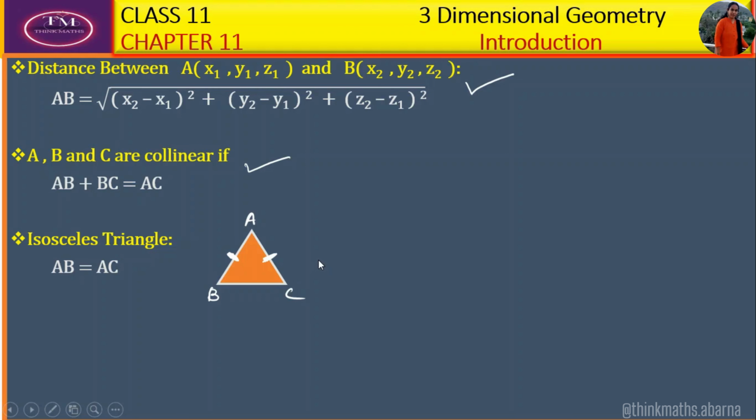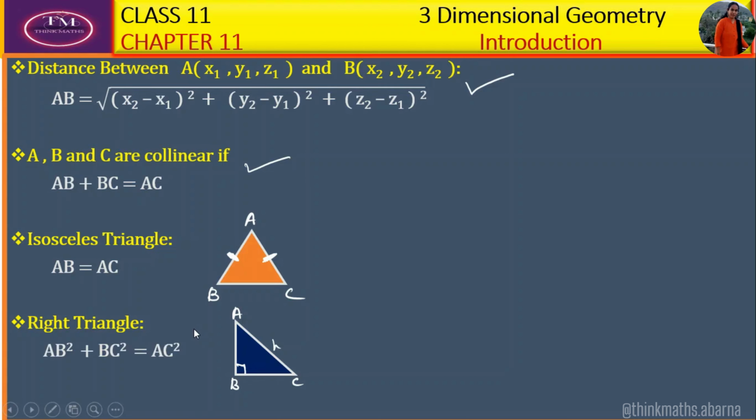Okay, next is the right triangle. You all know that a right triangle has a 90 degree angle. Let me name it. If it is A, B, C, this is 90, so this is the hypotenuse side. What is the condition for a right triangle? Hypotenuse square is equal to the sum of the squares of the two adjacent sides. Hypotenuse square means AC square.